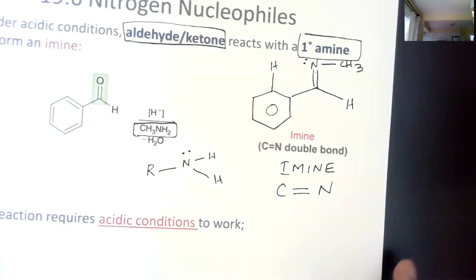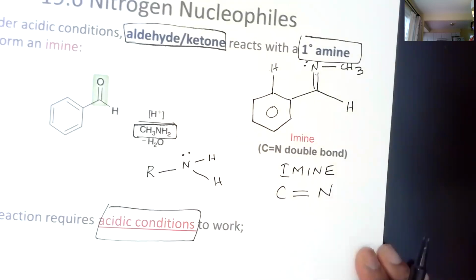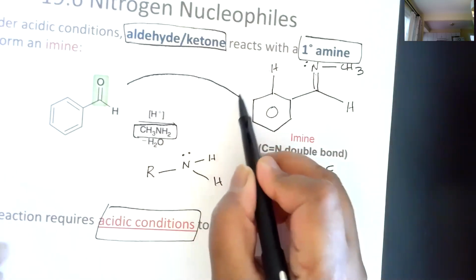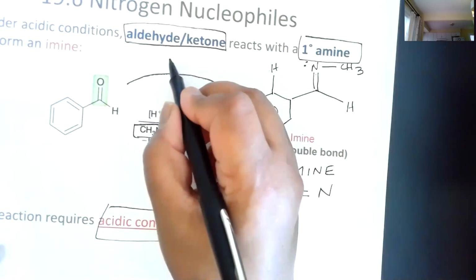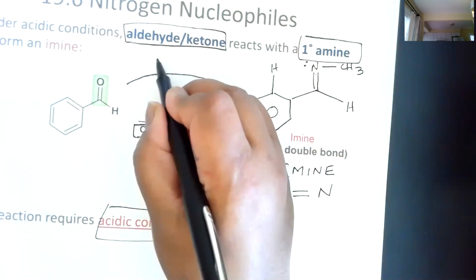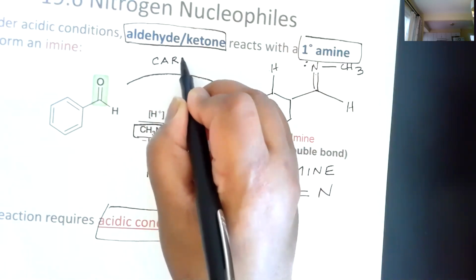Okay. Again, acidic conditions. So you know what the first step is. And even in the formation of the imine, you will have an intermediate structure. Just like with the acetal, you have the hemiacetal. Here the names are a little different.